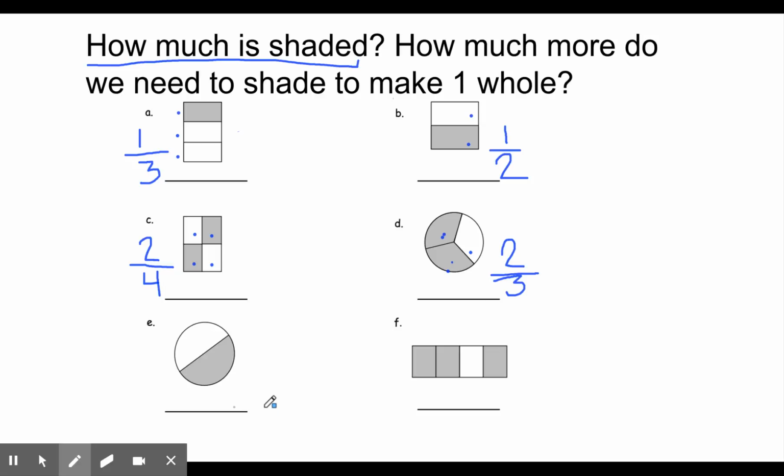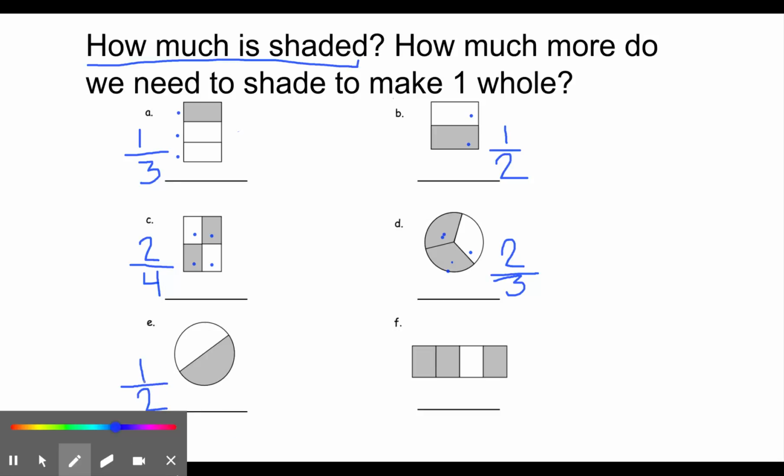What about E? What is E divided into? Is it divided into fourths? No. Is it divided into thirds? No. It's divided into halves. Because it's divided into halves, 2 goes on the bottom. And what part is shaded?